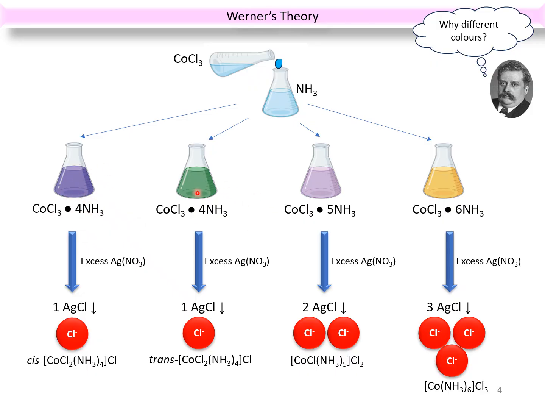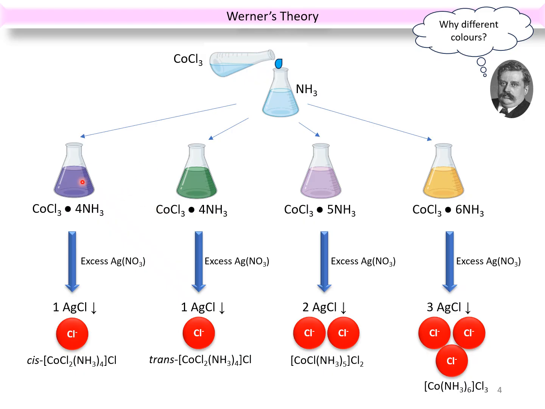The violet and green are geometrical isomers. The violet is cis and the green is trans. These different colors were not explainable by Werner's theory; they were justified by other theories afterwards.